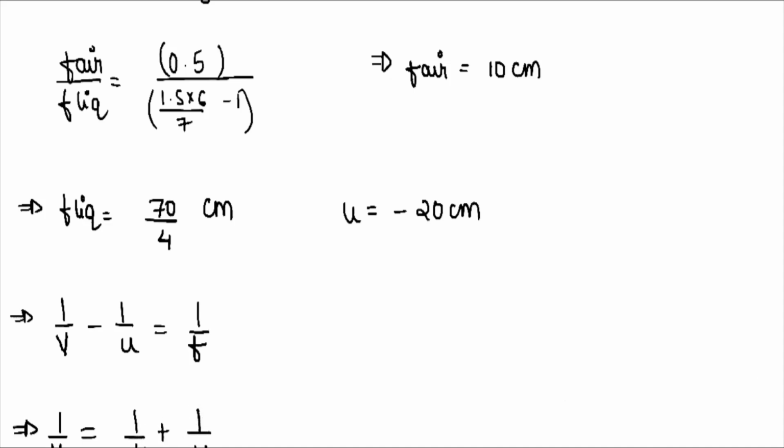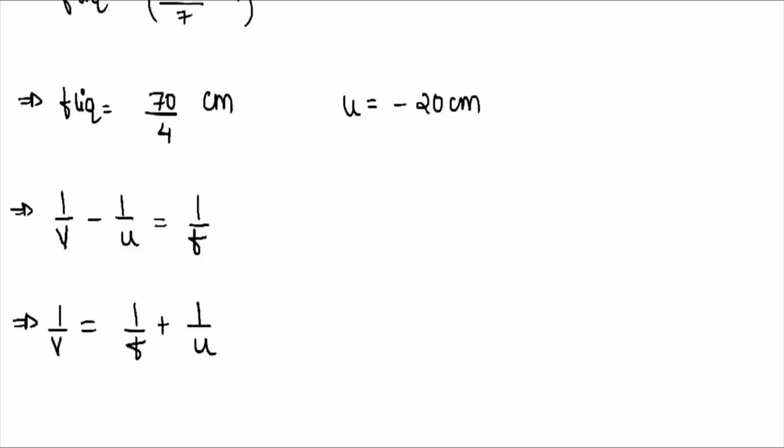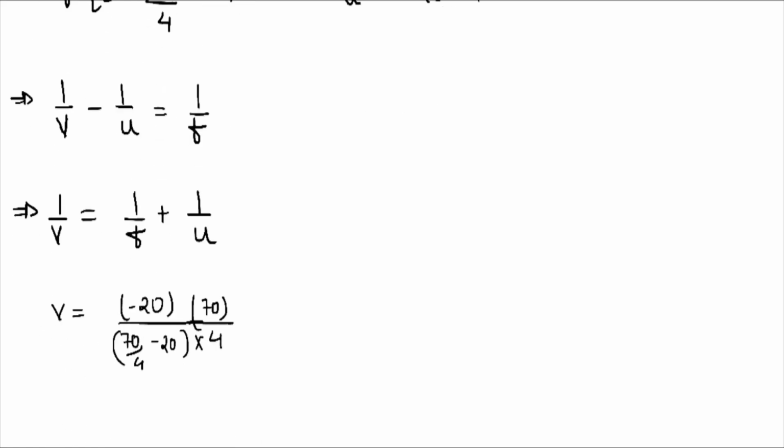Putting in the values, v will be u into f, which is minus 20 into 70 by 4, upon f plus u, which is 70 by 4 minus 20, and its value will come to exactly 140 centimeter, that too positive.